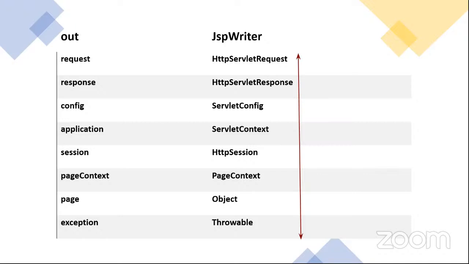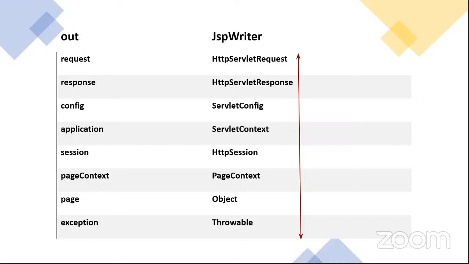And the session, if you want to track user data, then we can use the session object. And pageContext, as I mentioned, is the description about the complete context. If you want to define current page properties or describe the current page, then we can use page.